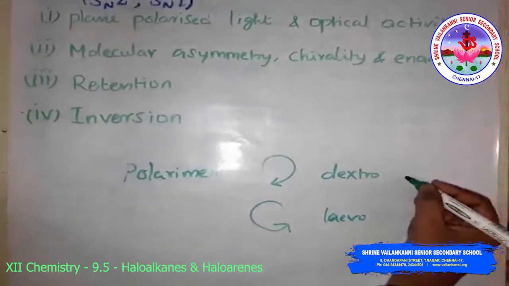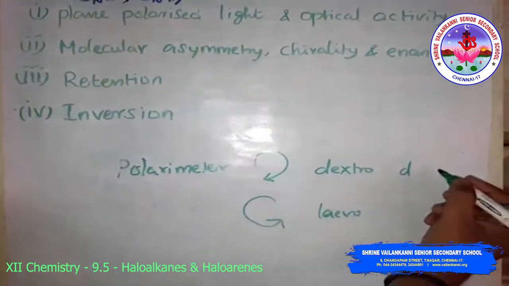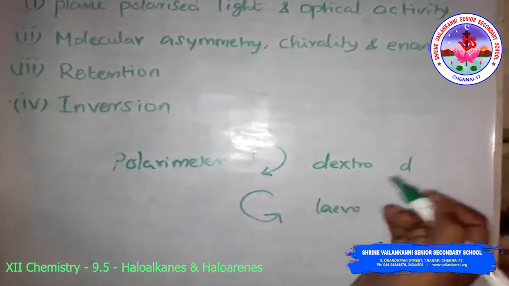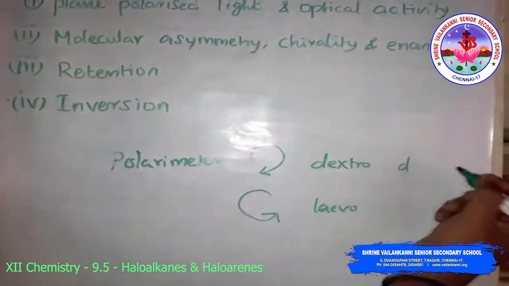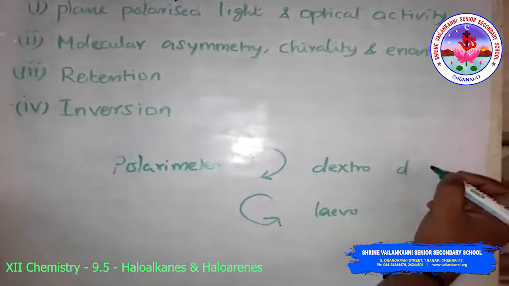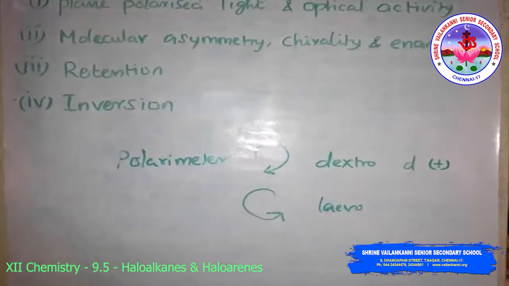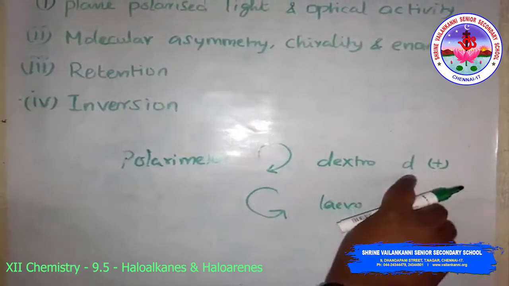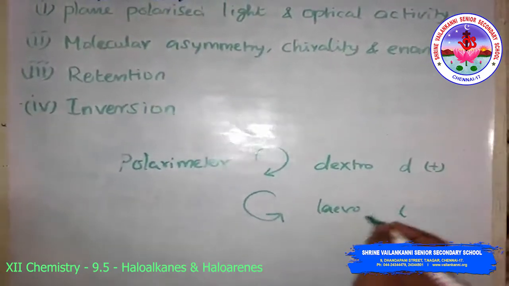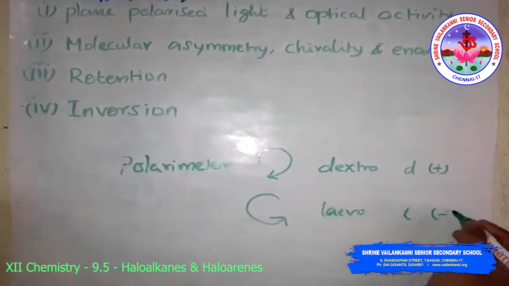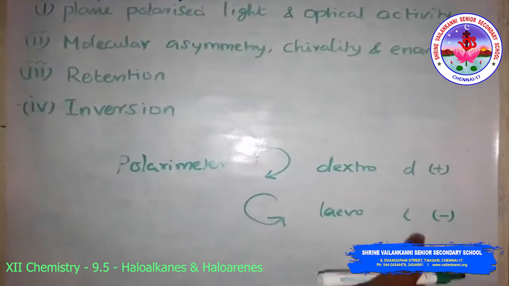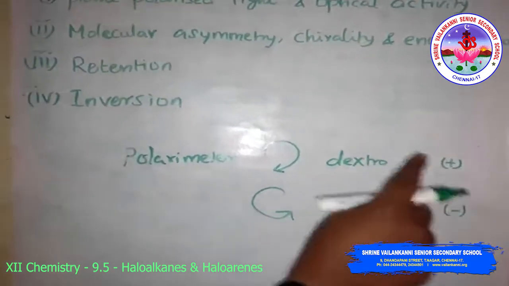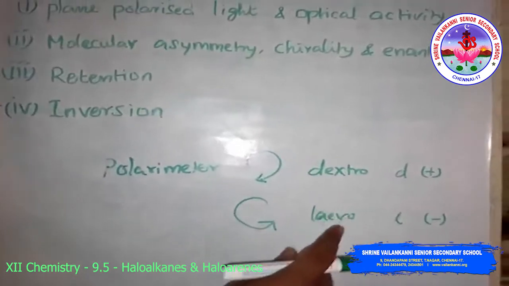The symbol for dextrorotatory is small d, and the sign placed before the degree of rotation is plus. For levo, small l, the sign is minus, and the minus sign is placed before the degree of rotation. Such compounds are called optical isomers.